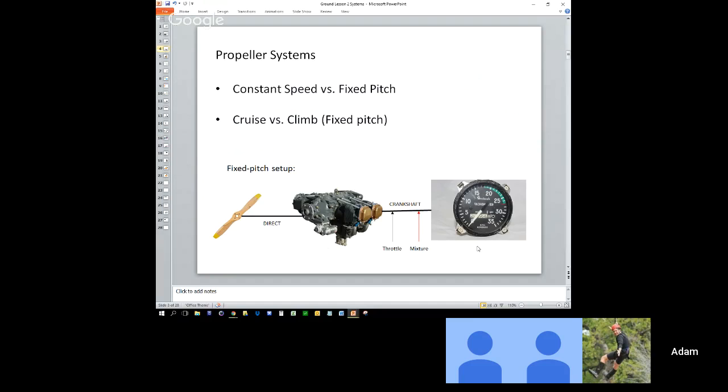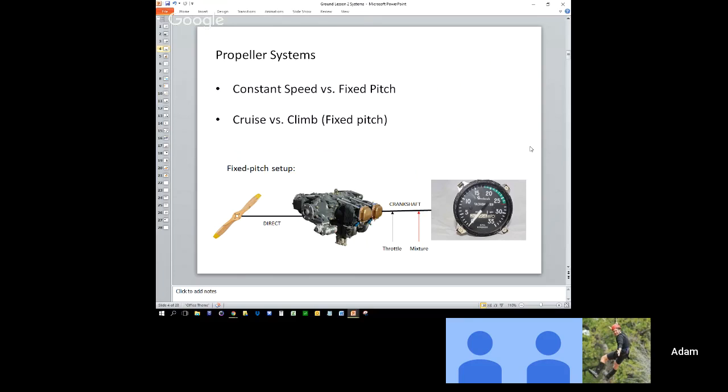All right. Okay, let's talk propeller systems as kind of an introduction to different propeller design. Definitely memorize this page, and I'm obviously going to send this out. We'll put it in the shared folder. But when you guys take your flight training, you're going to be flying an airplane that has a fixed pitch propeller.